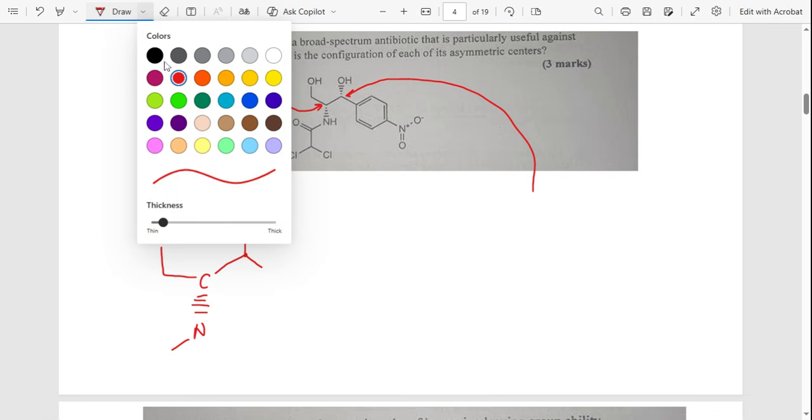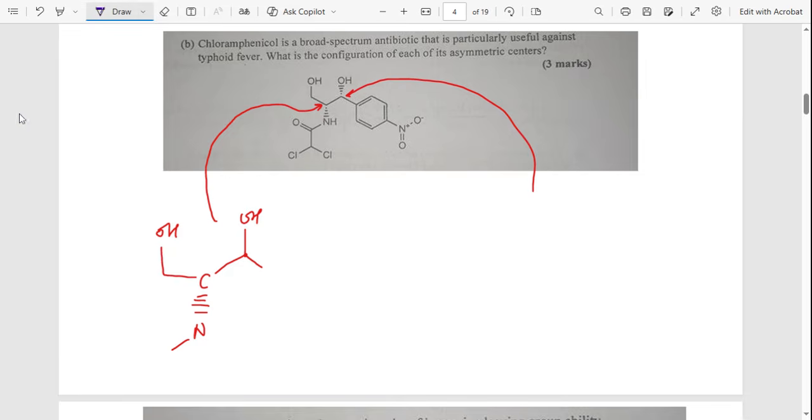One thing that you can see here is the hydrogen on this carbon. If the hydrogen is not shown, it means that's actually in front, because the nitrogen is at the back, so the hydrogen is in front. So I need to number the groups which have got priority, the atoms directly attached to the carbon.